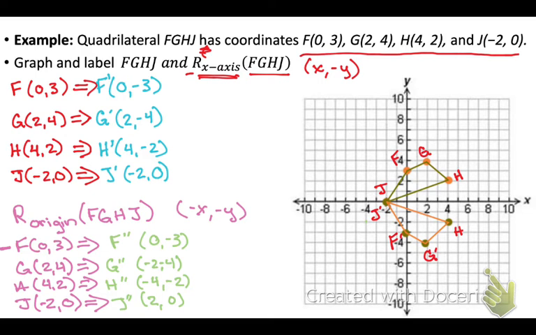Yes. Okay. So it's kind of getting a little cluttered, so we'll see how it looks. So 0 is negative 3, right? Negative 2, negative 4. Negative 4, negative 2. And 2, 0?